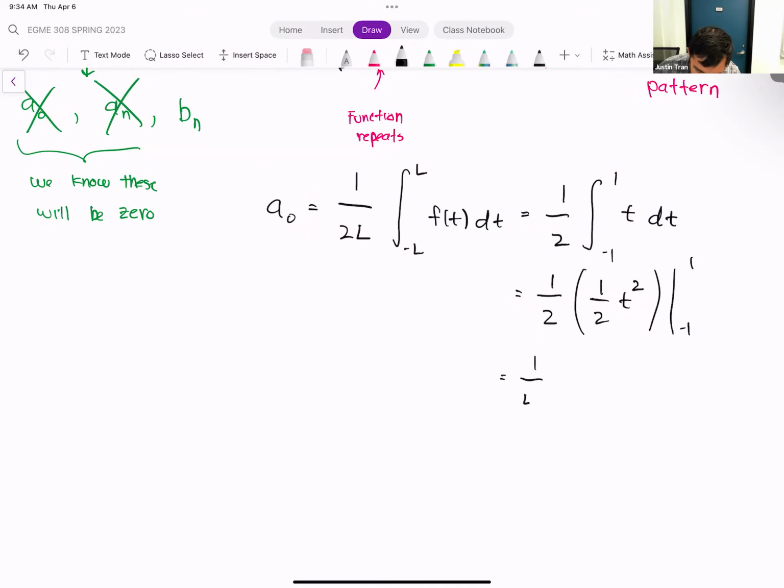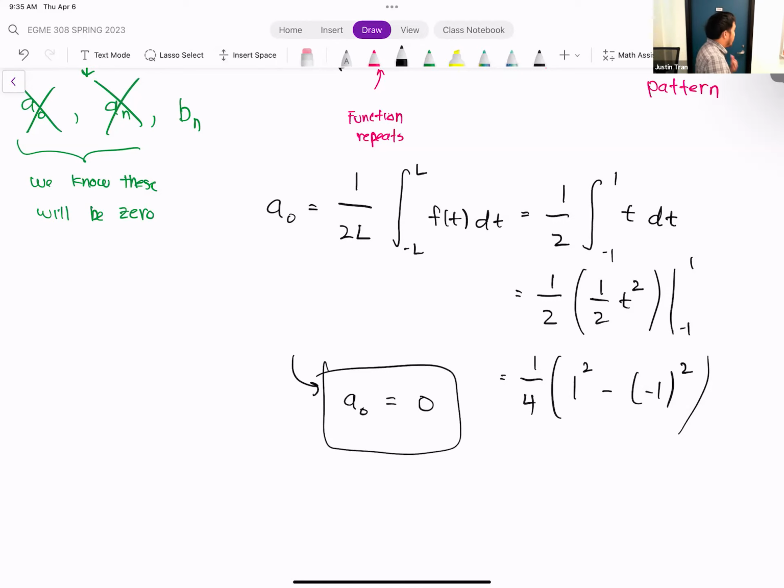As we do this, we have a 1/4 times 1 squared minus -1 squared. So now we evaluate this. -1 squared is just 1. So we have 1 minus 1 is equal to 0. So what we get is a0 is equal to 0, just like we predicted.